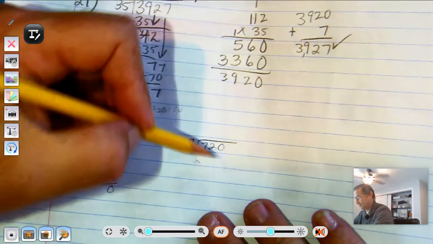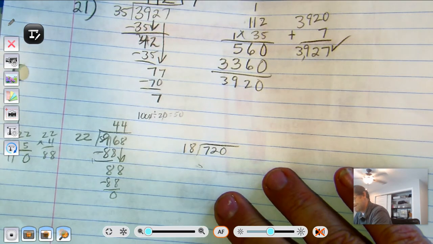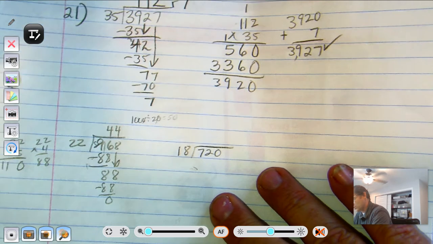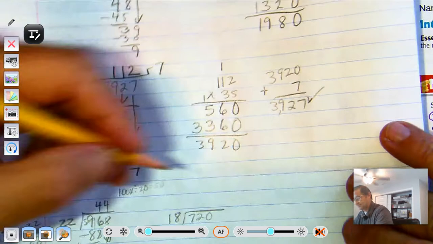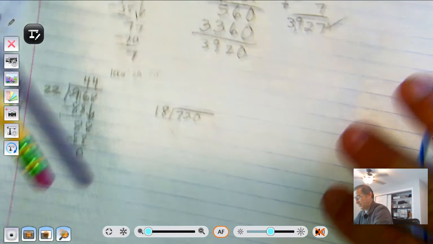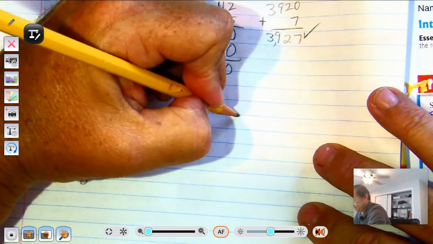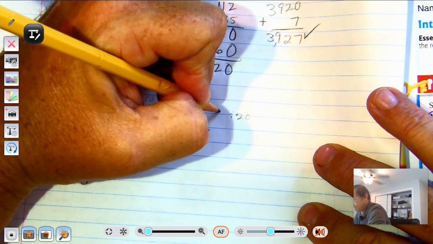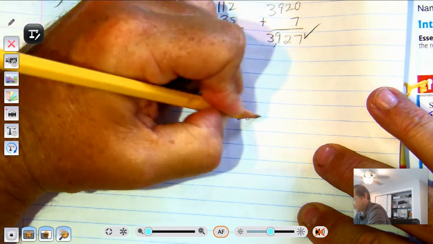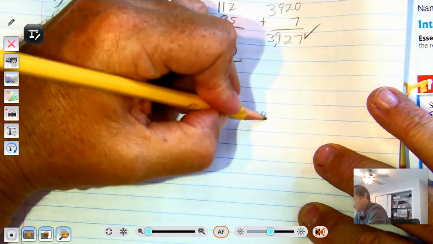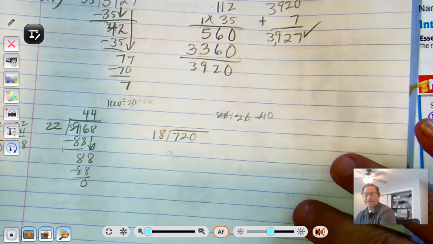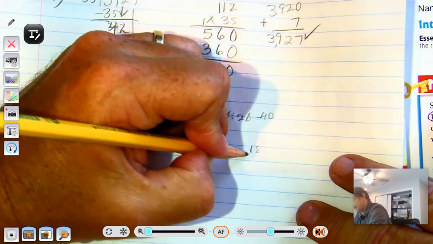Let's try the Orange Tango smoothies. So my estimate for this one would be 800 divided by 20. So I'd expect my answer to be about 40. So let's try that. 18 times 4.